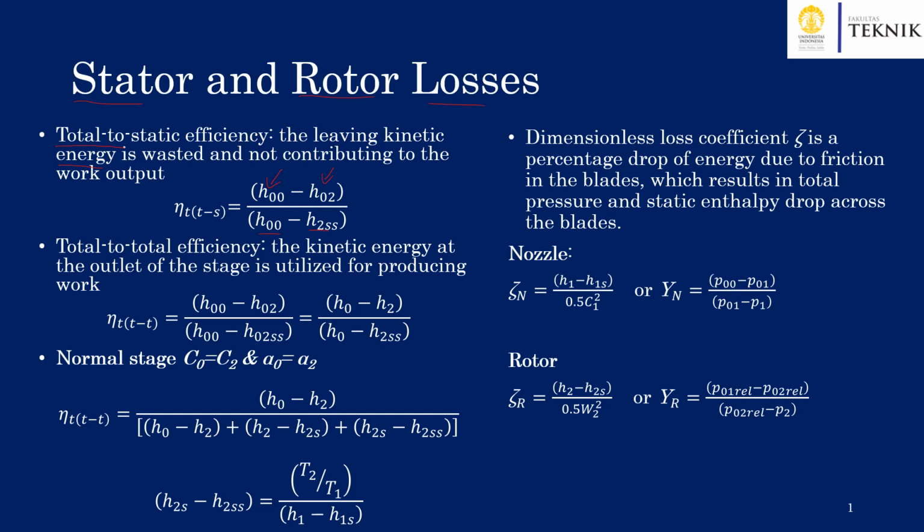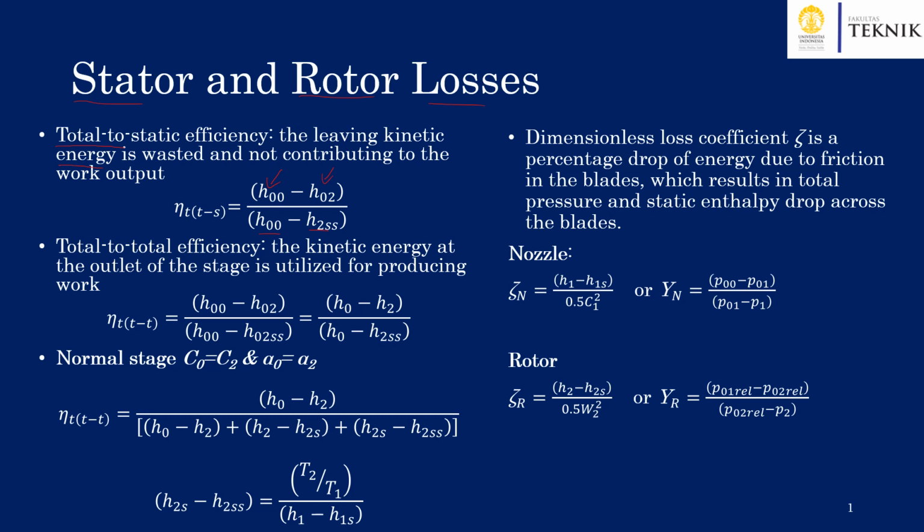On the other hand, as we previously looked at the equations for the total to total isentropic efficiencies, we can define them as the amount of kinetic energy at the outlet of the stage that is utilized to produce work.